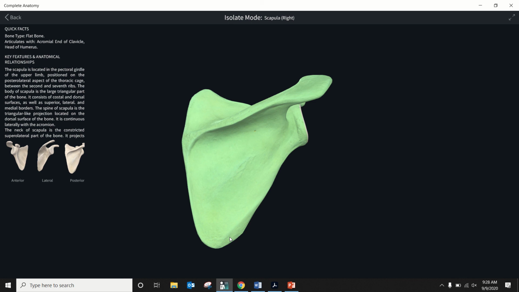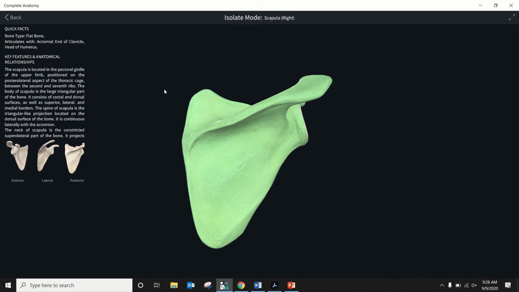This really obvious bony ridge right here is the spine of the scapula. I'll mouse over it too for the video. All of this is the spine of the scapula. Remember, a fossa is an indentation. So the supraspinous fossa is an indentation above the spine of the scapula.